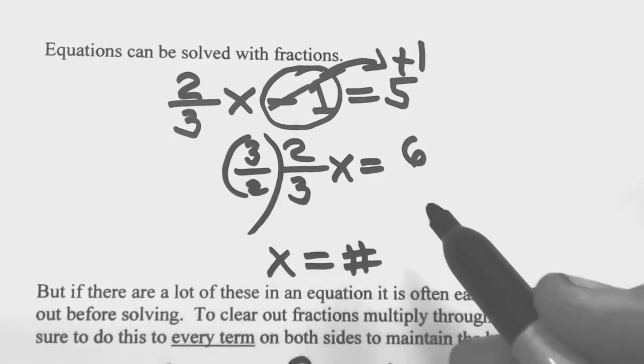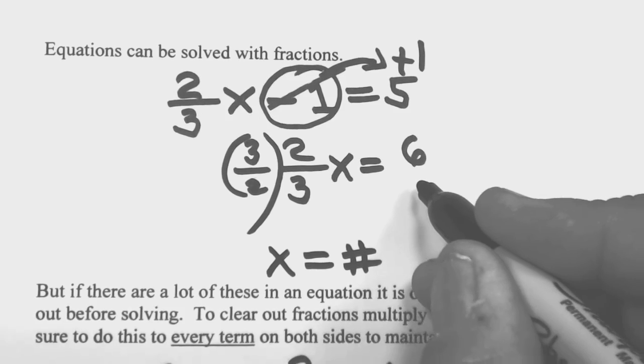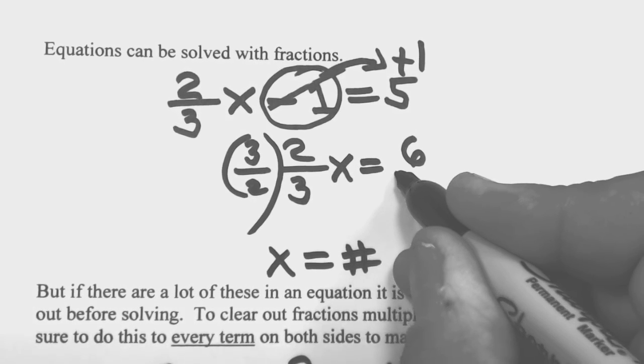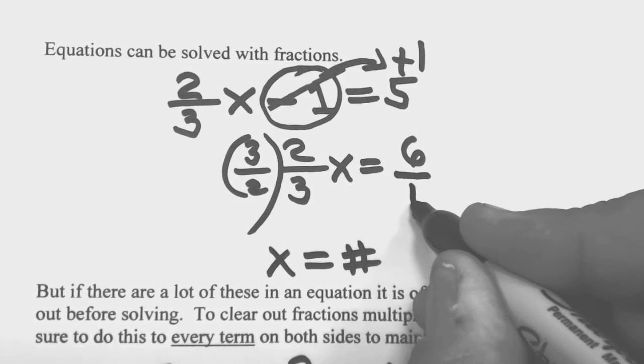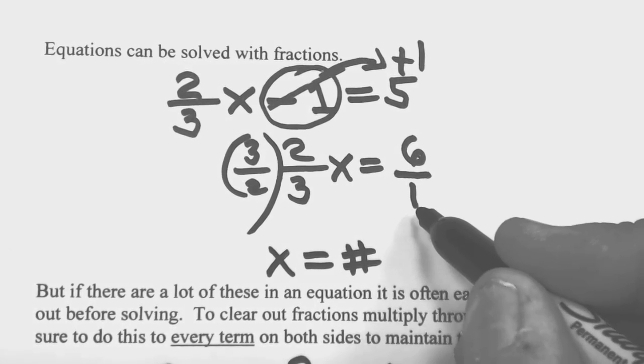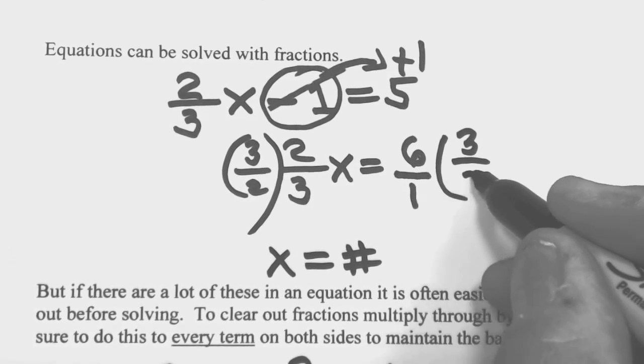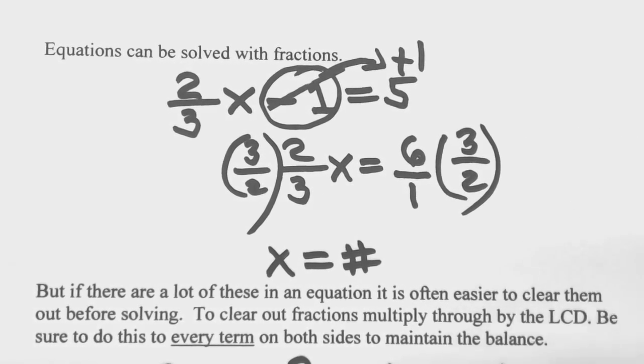And of course, if I multiply the left side by 3/2, I have to do the same to the right. The right side was a plain number, so I'll make a fraction out of it by putting a 1 underneath. The 6 is upstairs and I just have a 1 downstairs. So I multiply this side by 3/2 also.